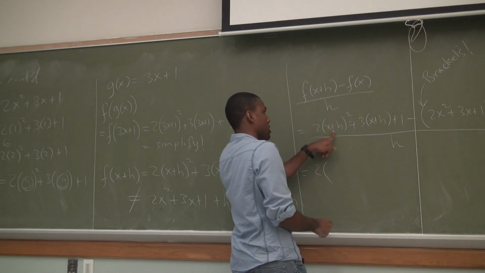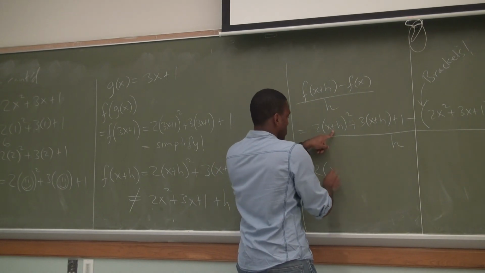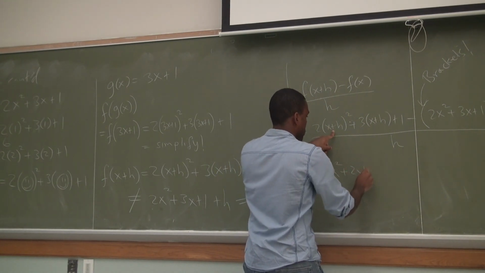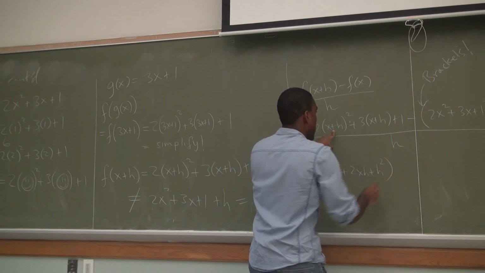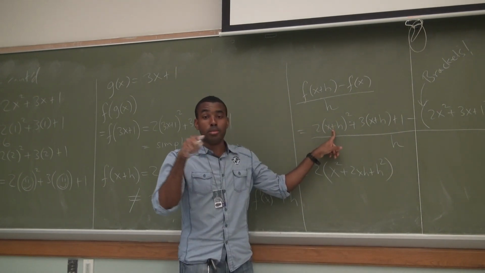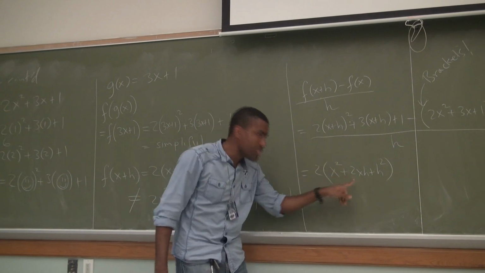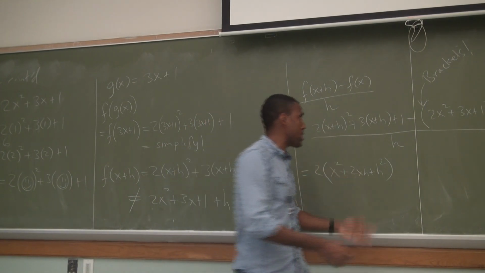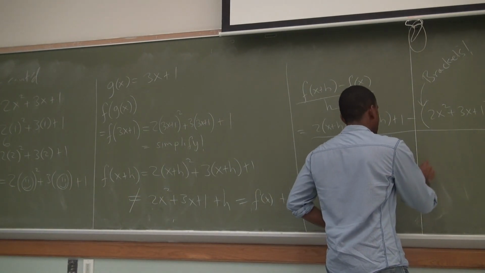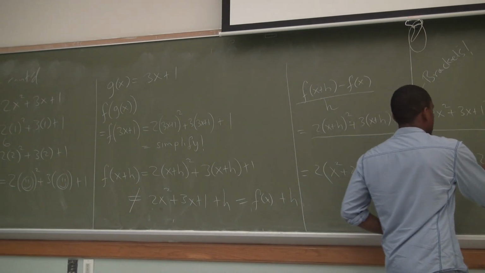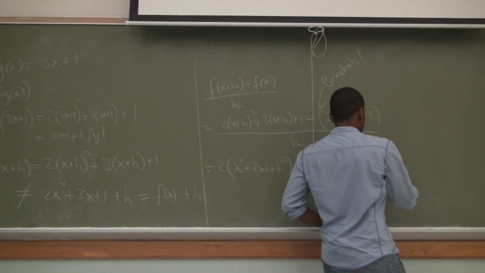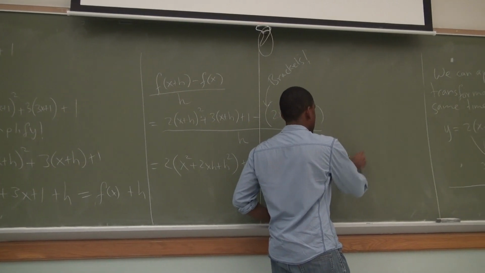What is this quickly? x squared. I don't expect you to write x plus h times x plus h out; you know that as soon as you see it. Plus 3x plus 3h plus 1 minus 2x squared minus 3x minus 1.